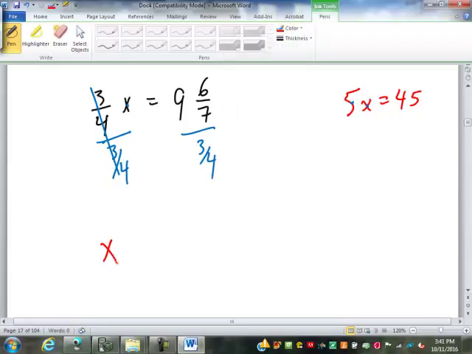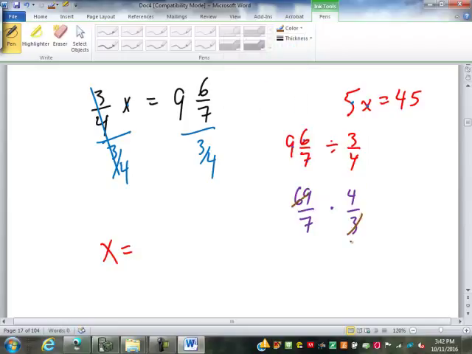So here we have x equals, this will be 9 6/7 divided by 3/4. Make this improper. 9 times 7 is 63, plus 6 is 69 over 7. Divided by 3/4 is going to be times 4 over 3.